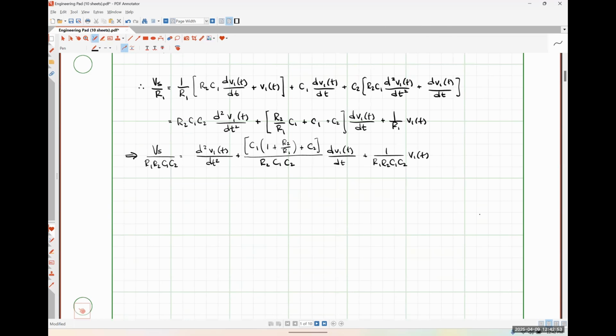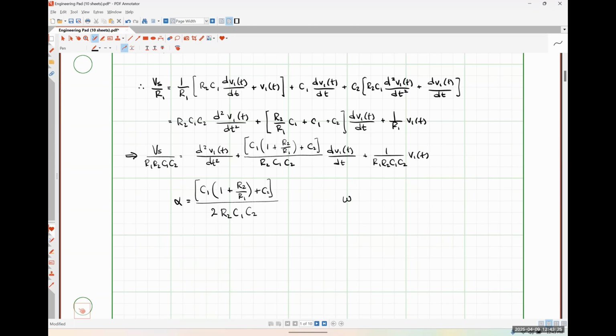And from this second order differential equation, we can say that alpha is just going to be whatever C1 times 1 plus R2 over R1 plus C2 is. It's going to be all of that divided by twice R2 C1 C2, because remember that alpha is just 1/2 multiplied by the coefficient of the first derivative term.